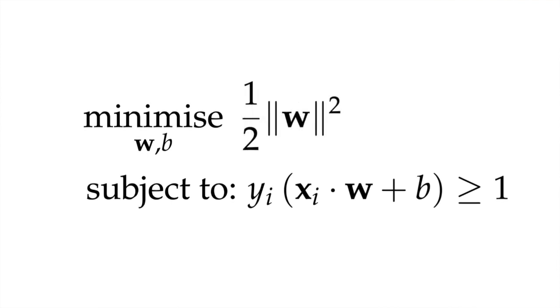This is obviously a pretty blatant bit of choosing something for convenience because we know that we're going to differentiate it. So this optimization has a quadratic objective, it has linear constraints, therefore it is a quadratic programming problem. We could just rephrase it in the appropriate way and throw it into our QP solver and we'd be done.